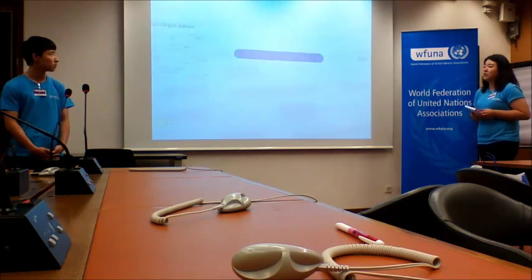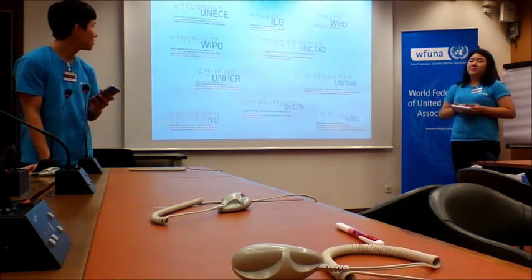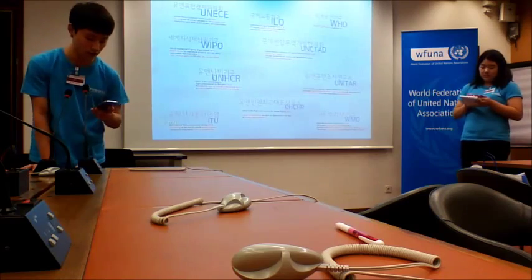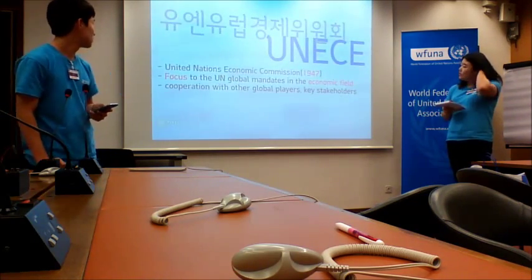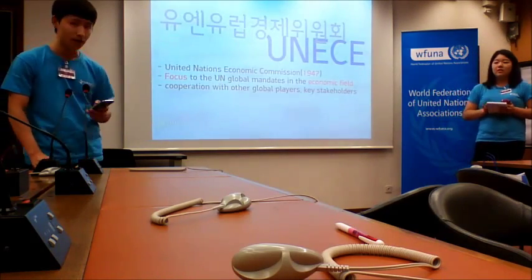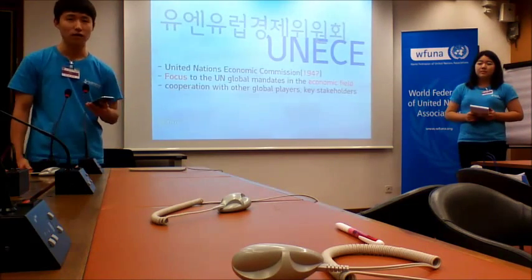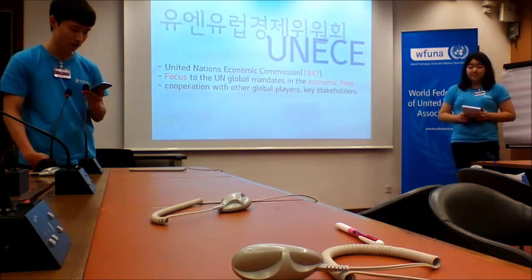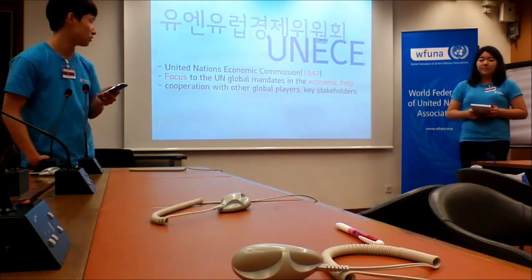And we'll move on to. So now I'll talk about the organizations of the UNOG. First, the UNECE stands for United Nations Economic Commission for Europe, and it focuses on the global economic field, and it cooperates with global players and key stakeholders.